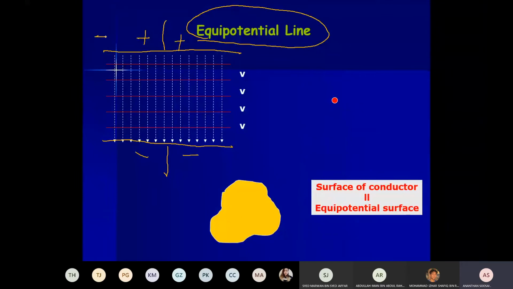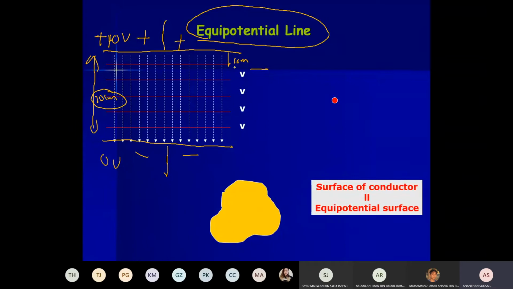But let's say this is positive 10 volt and 0 volt, and this is separated by, to make it easier, 10 centimeter. Okay. So every 1 centimeter going down, what will the potential be? Positive 10 becomes, anyone? This is separated by 10 centimeter, 10 volt, 0 volt.